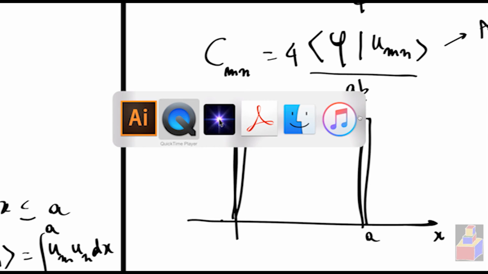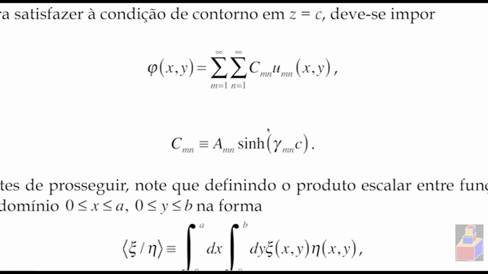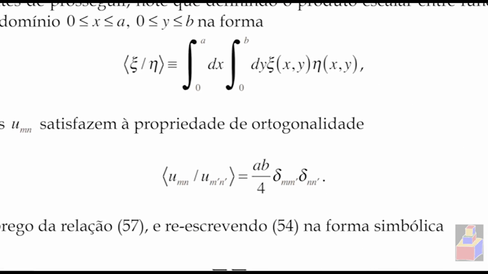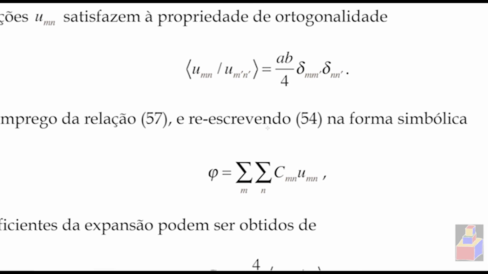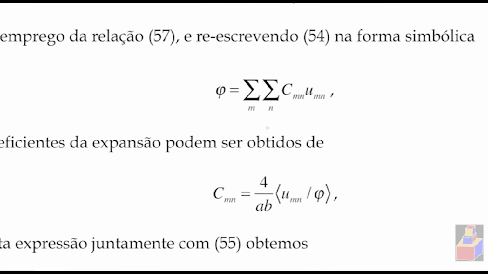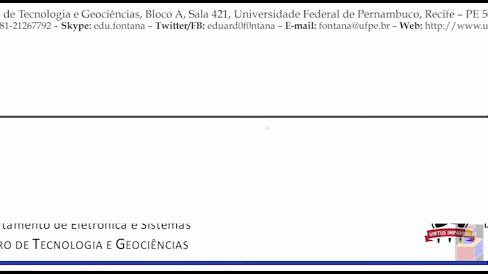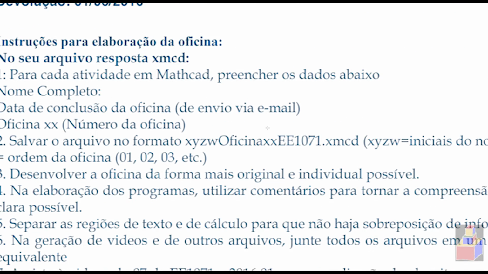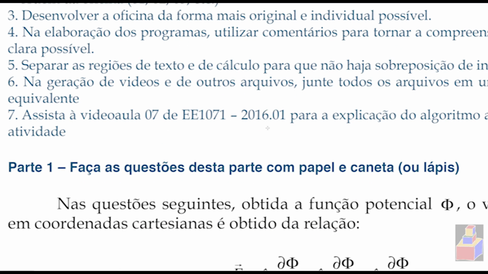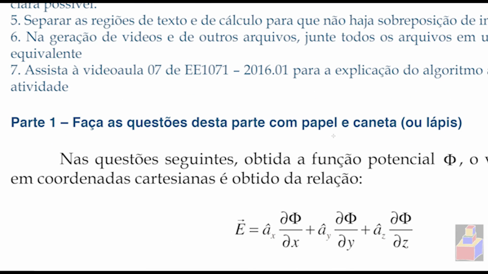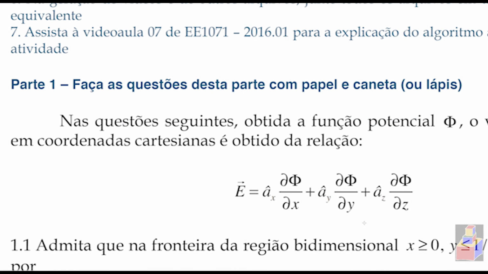The workshop that we have planned for you now is to calculate the potential function together with the E field. Given the potential function, the E field is calculated by this formula here.